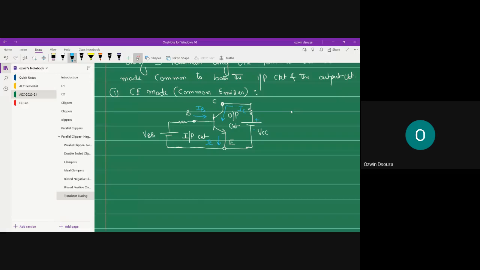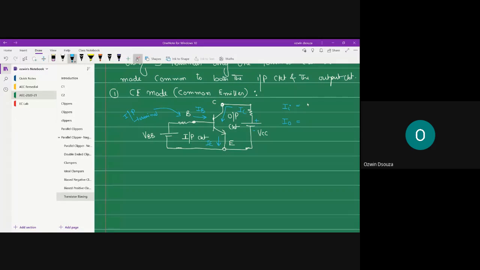Now, the circuit diagram we have constructed. Can you quickly tell me what your input current is and what your output current is? What is your input current? This is your input terminal. Hence, the input current has to be the base current.